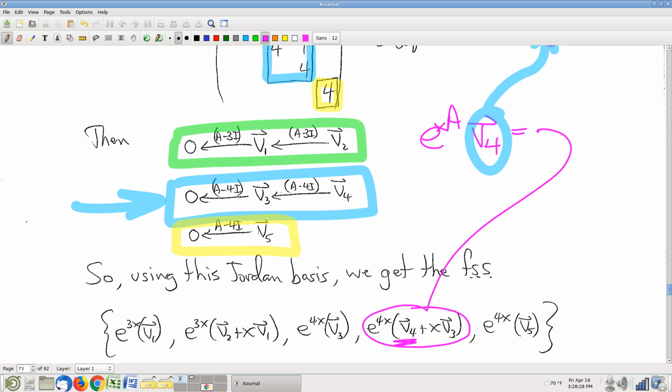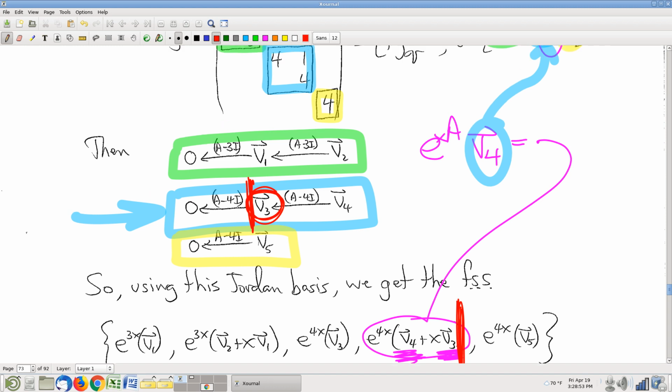There's a V4 term. There's a V3 term. V3 is an eigenvector, and there we stop. And what a lot of students get wrong is they just keep going down by 1: V4, then V3, then V2, then V1, and they go all the way down to V1.